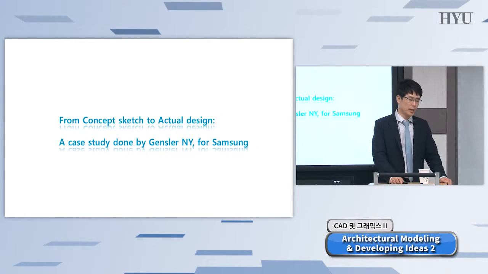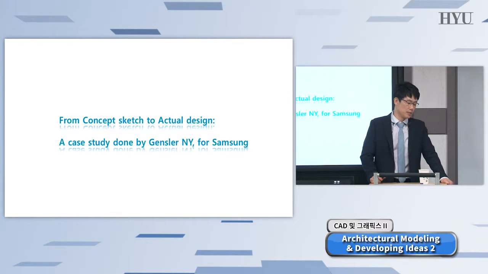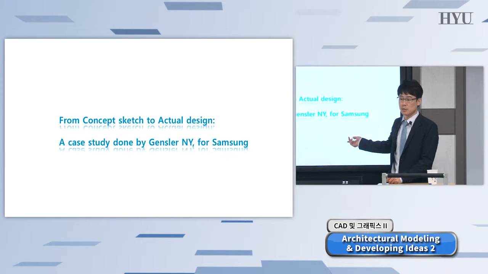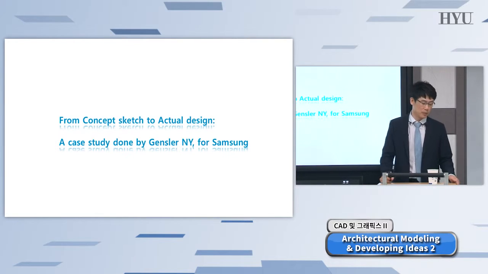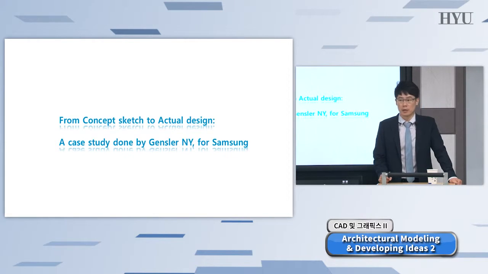As a reminder, probably some of you may recognize this example because a man from Gensler, New York visited last year and gave you a case study, a special guest lecture. So I like to bring your attention again to this case study, a real example for the real world, okay?